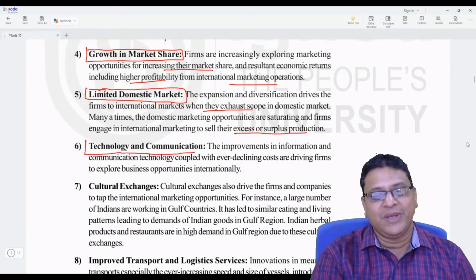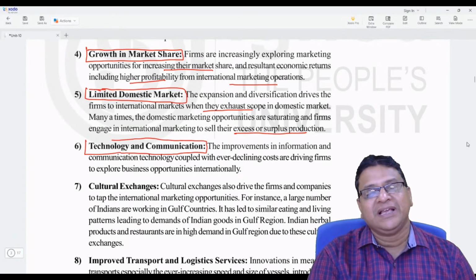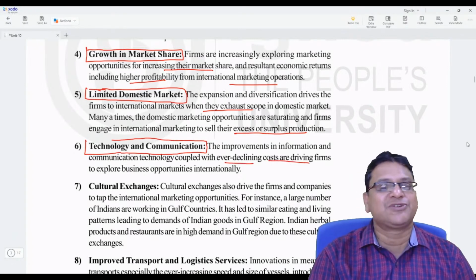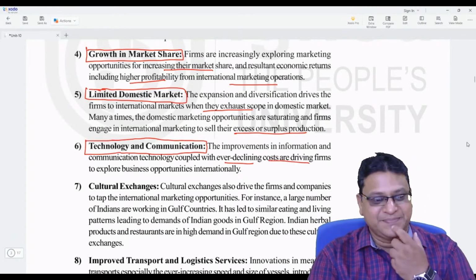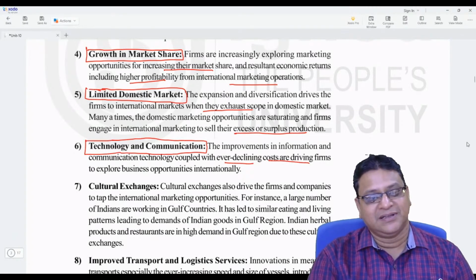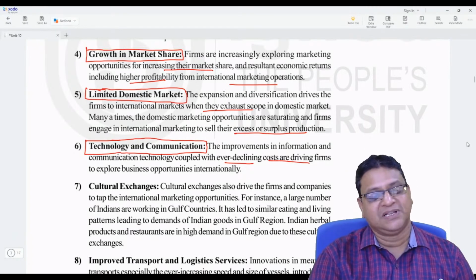We know that we are in an information age. The technology is changing very fast, and the cost of technology is coming down. As a result of which, communication has become easy throughout the world. This creates global customers for business.